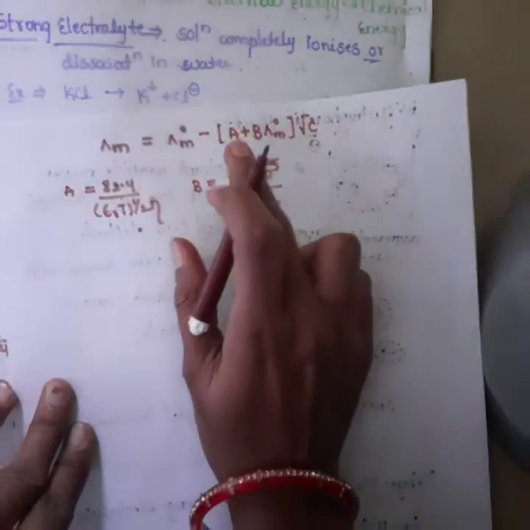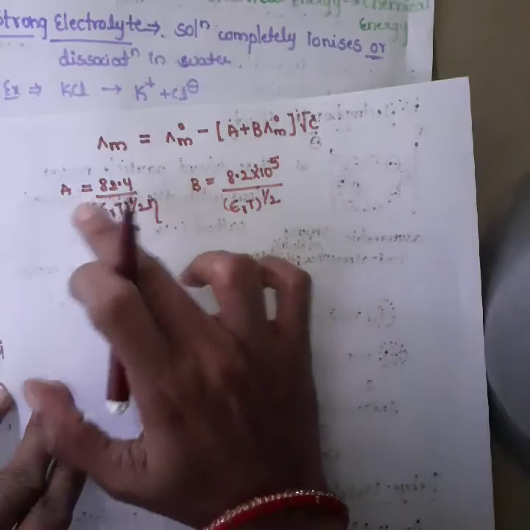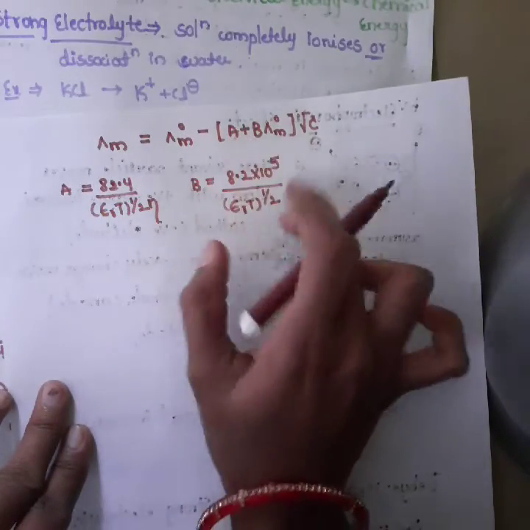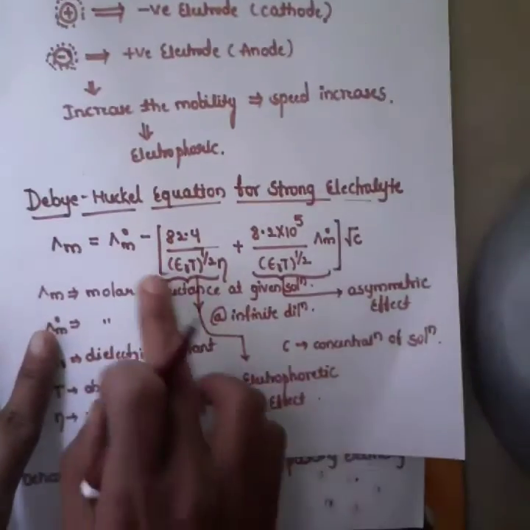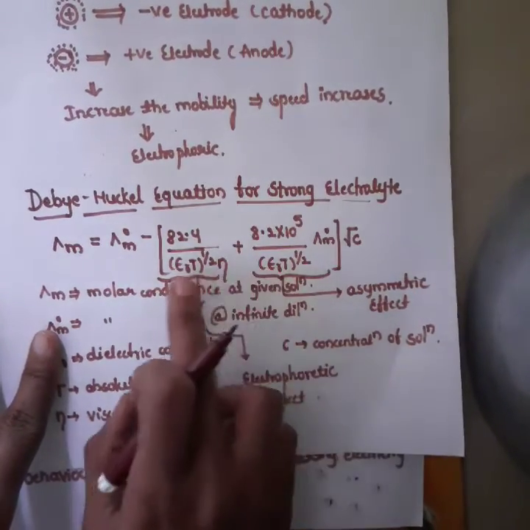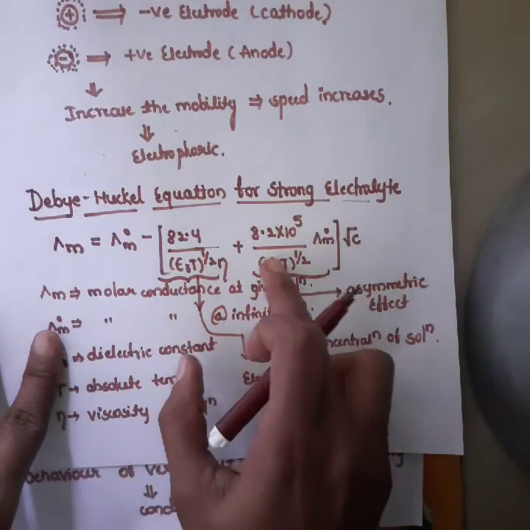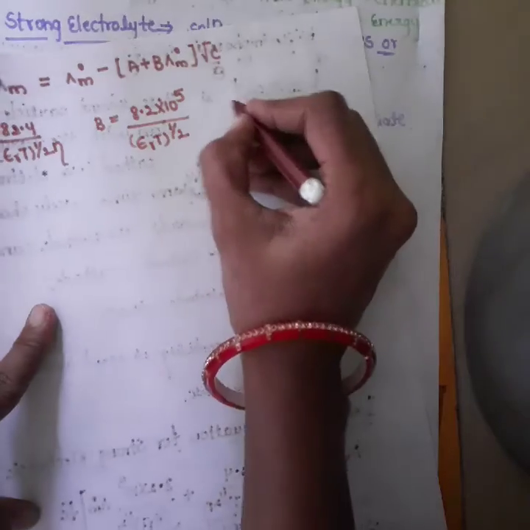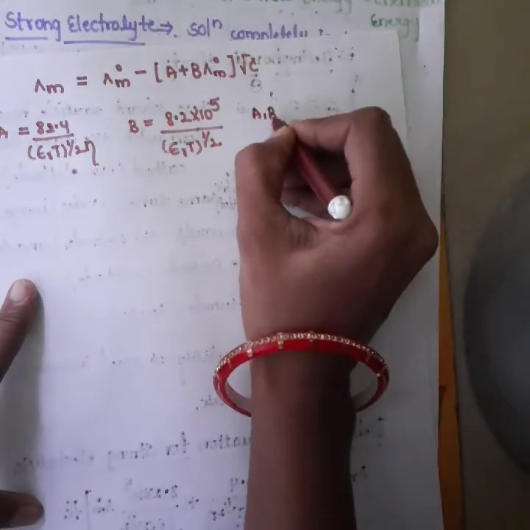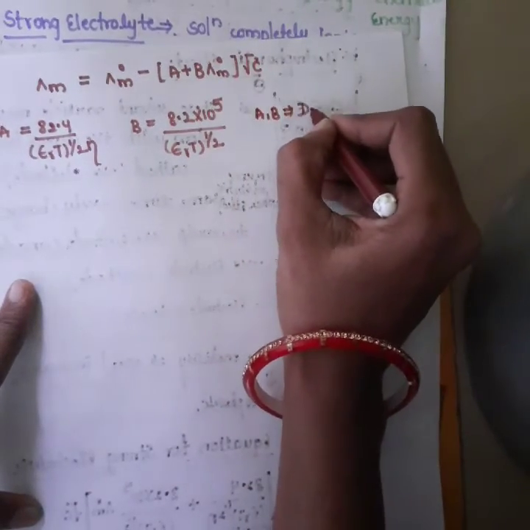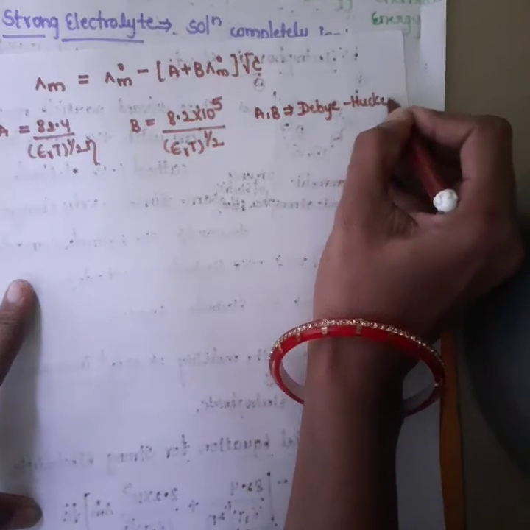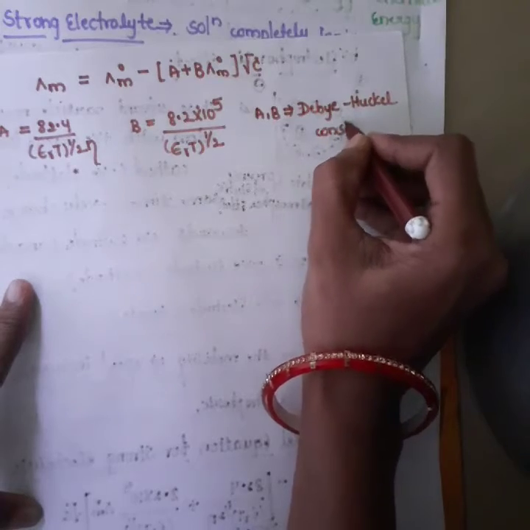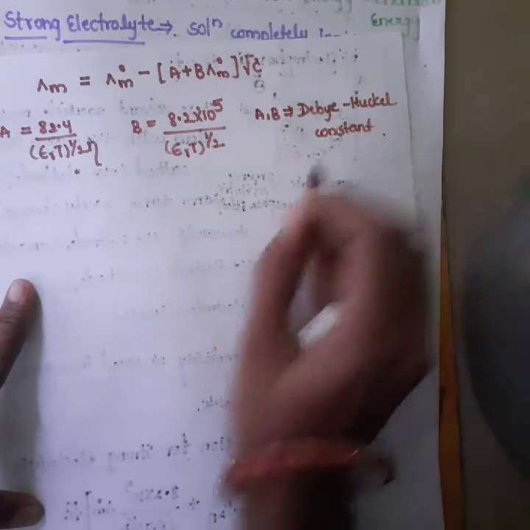We substitute a in place of the first value and b in place of the second value in the Debye-Hückel equation. Here a and b are Debye-Hückel constants.